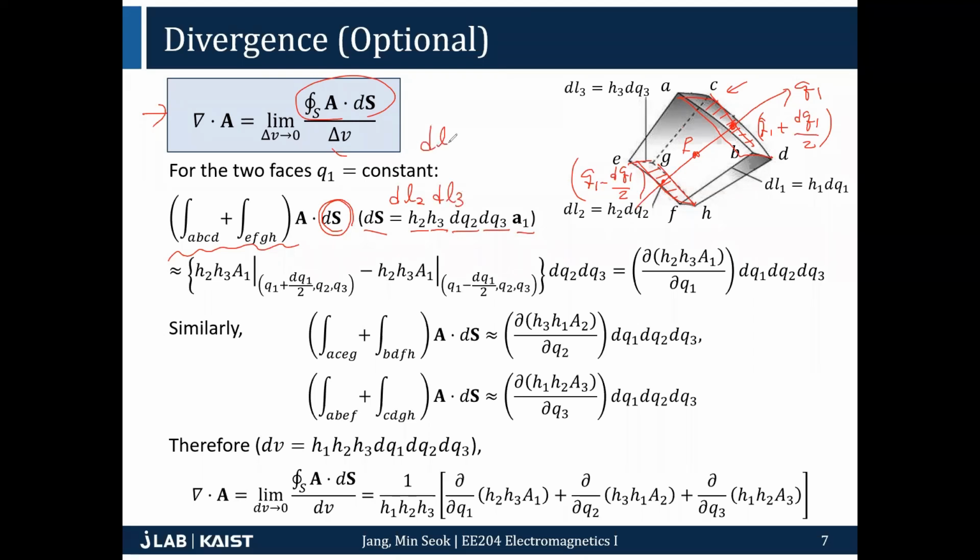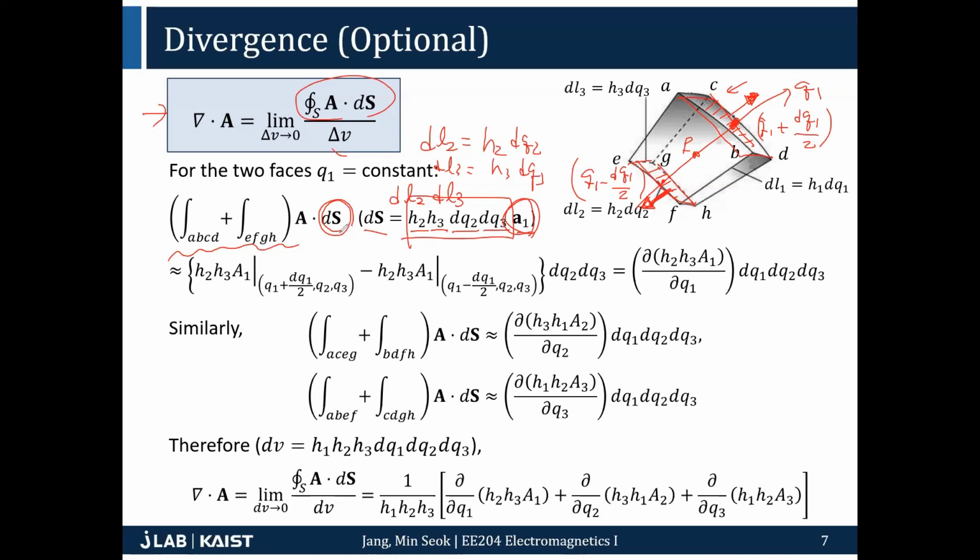And dl2 is h2 dq2, and dl3 is h3 dq3. So if you multiply this, you get this. The direction of the surface, for the top surface, is the positive a1 direction, but the bottom surface has the negative a1 direction, right? And again, for a closed surface, the direction is always defined from inside to outside.